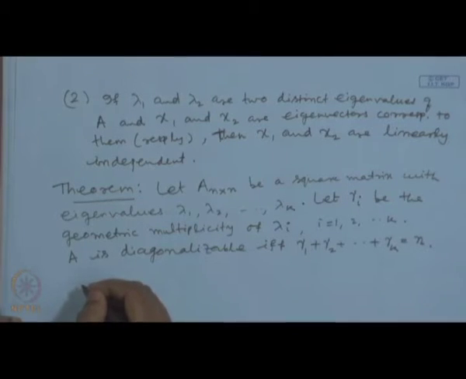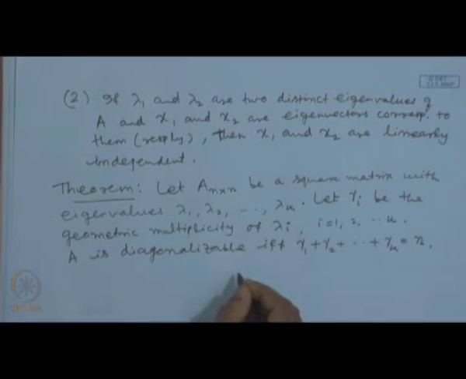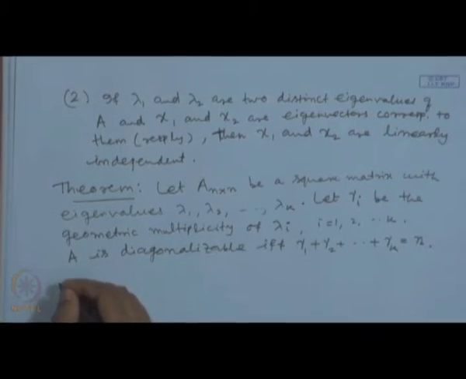Or in other words, we can also say a matrix is diagonalizable if and only if the algebraic multiplicity is equal to the geometric multiplicity of every eigenvalue.